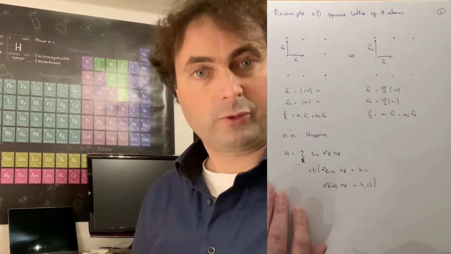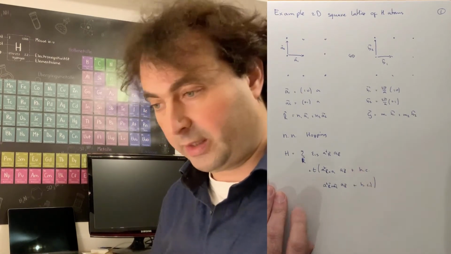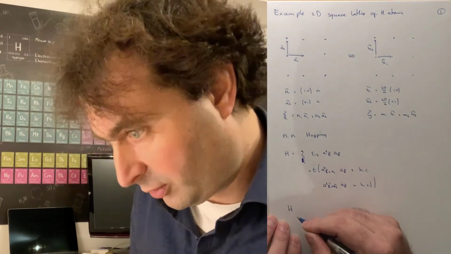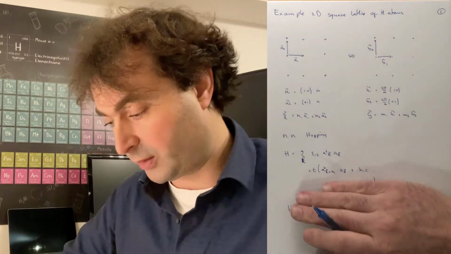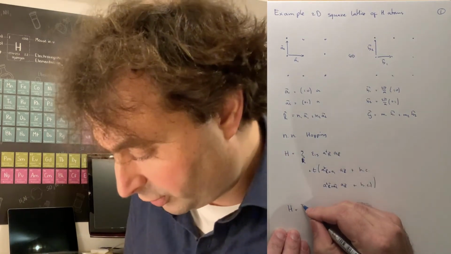Now we can do a Fourier transform, and very conveniently the a1 and the a2 direction completely decouple from each other. So we can do just a Fourier transform of this Hamiltonian, and you then just have to sum them.